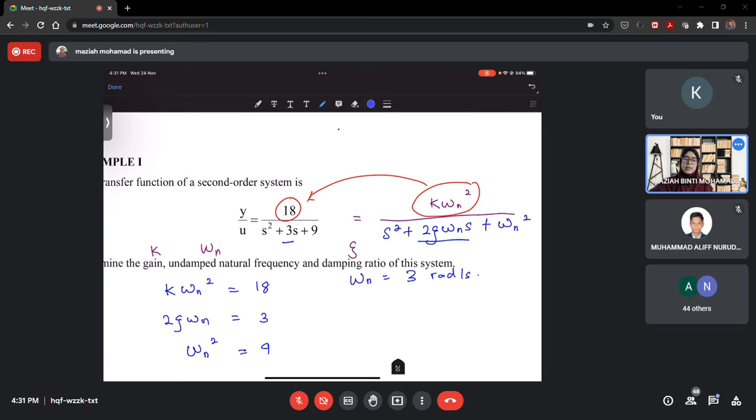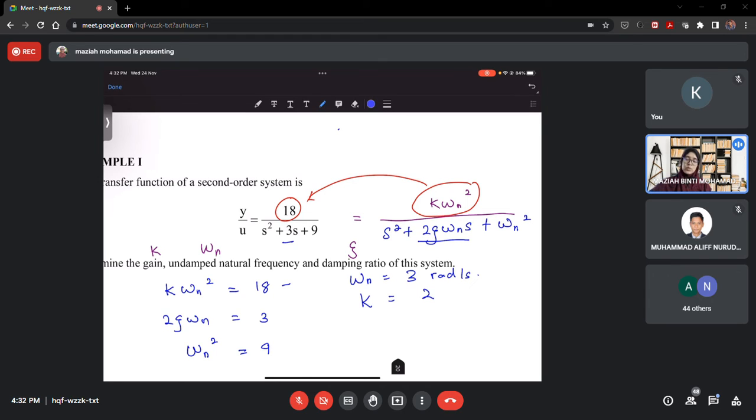And then from the equation here, we have K multiplied by omega n square, 9. Therefore, K is 2.